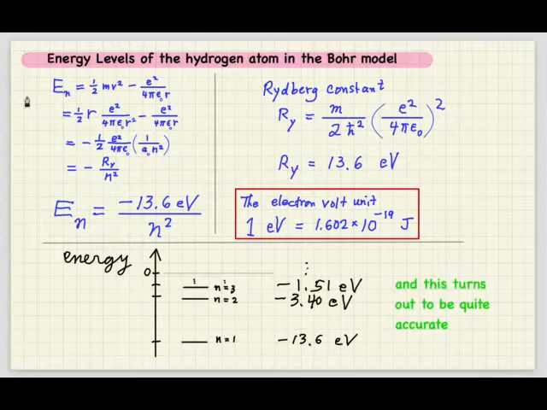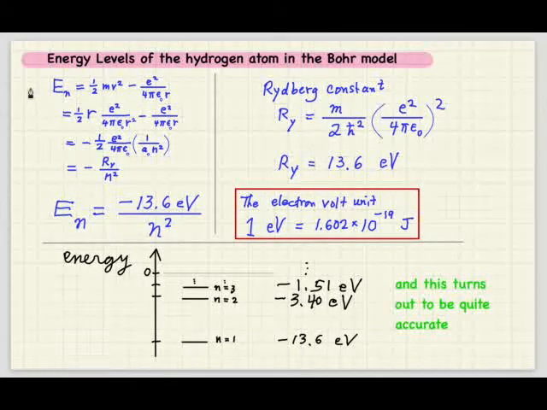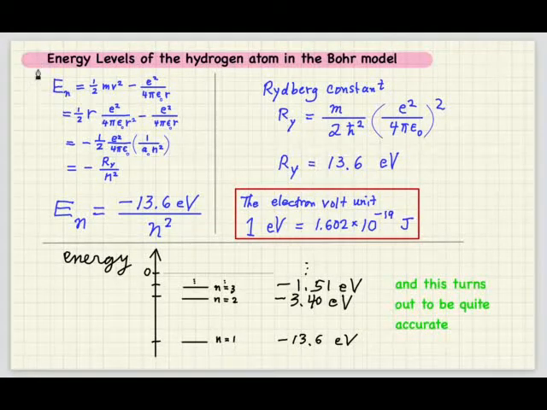That's really a quantum number coming from Bohr's postulate about angular momentum quantization. So n is an integer, 1, 2, 3, 4, etc.